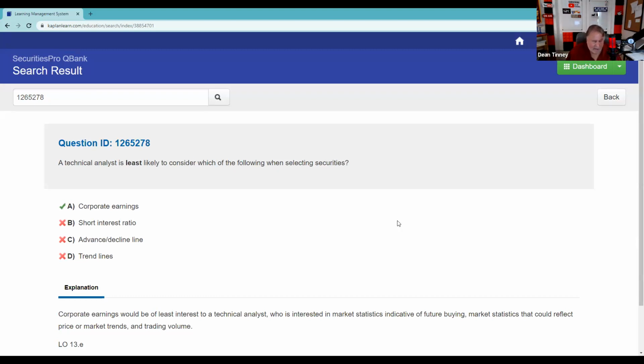The advance-decline ratio, I like that as a technical indicator. I'm trying to confirm either a bullish or a bearish trend. It's all about confirmation or non-confirmation. If we have 10 advances to 1 decline, I can feel pretty good about the bullish trend. If I have 10 declines for 1 advance, I can be more confident in confirmation of a bearish trend.